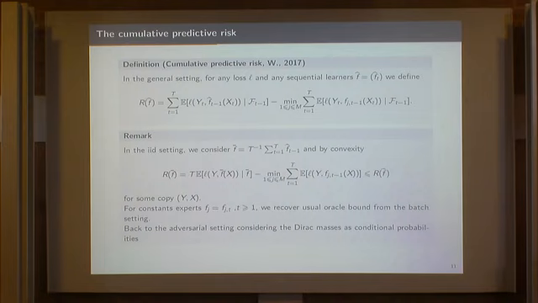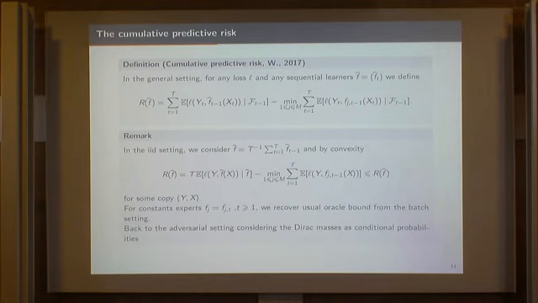Okay. So then the next step is to define, as we have done for the regret, a new kind of regret, which is just the cumulative predictive risks minus the best predictive risk for any expert.